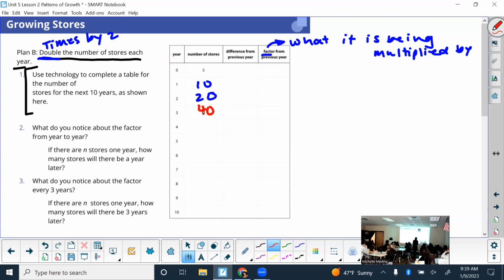Table 3, what will it be for year 4? 80. Table 5, year 5? Table 6, year 6? Table 7, year 7? Table 8, year 8? 1,180. Table 1, what will it be for year 9?